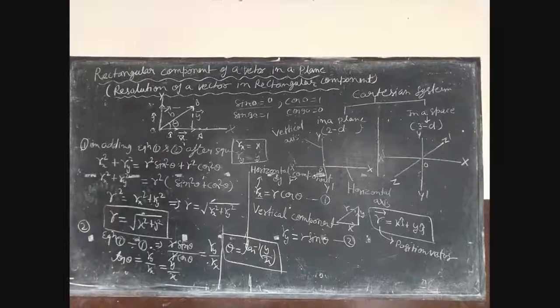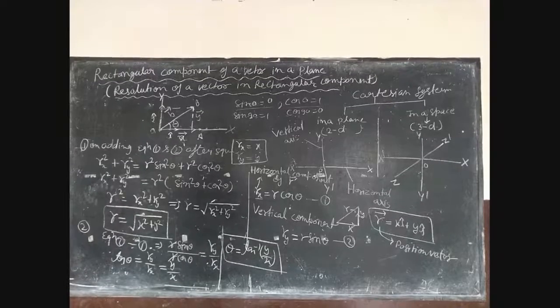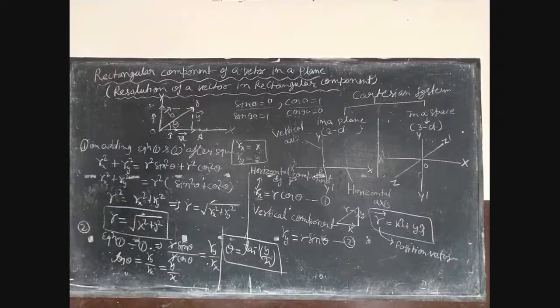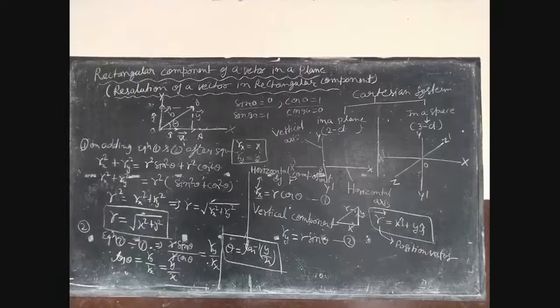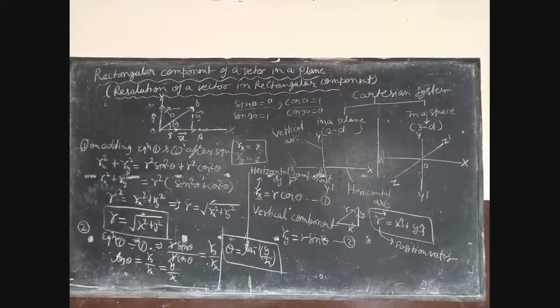So just write: when a vector in a plane is split into two component vectors at right angle to each other.